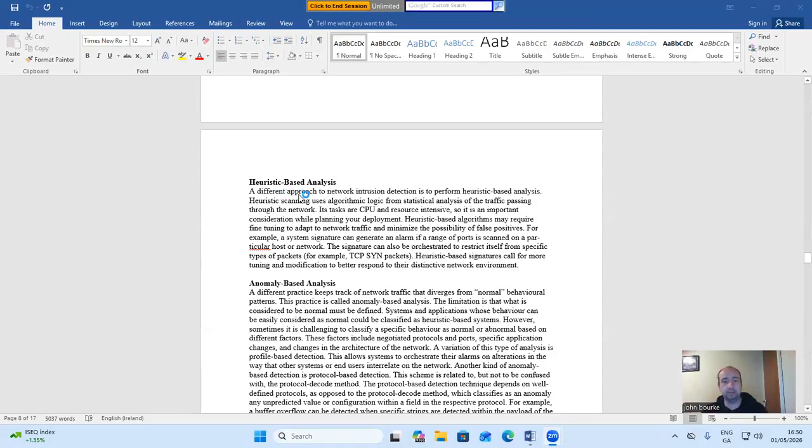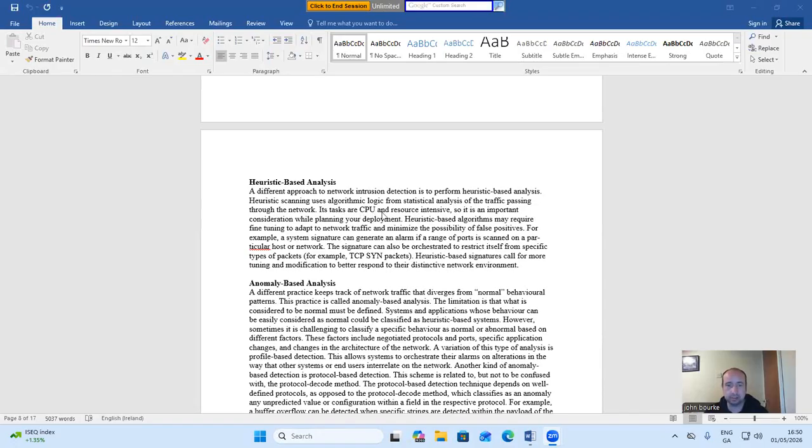Heuristic-based analysis. A different approach to network intrusion detection is to perform heuristic-based analysis. Heuristic scanning uses algorithmic logic from statistical analysis of the traffic passing through the network.